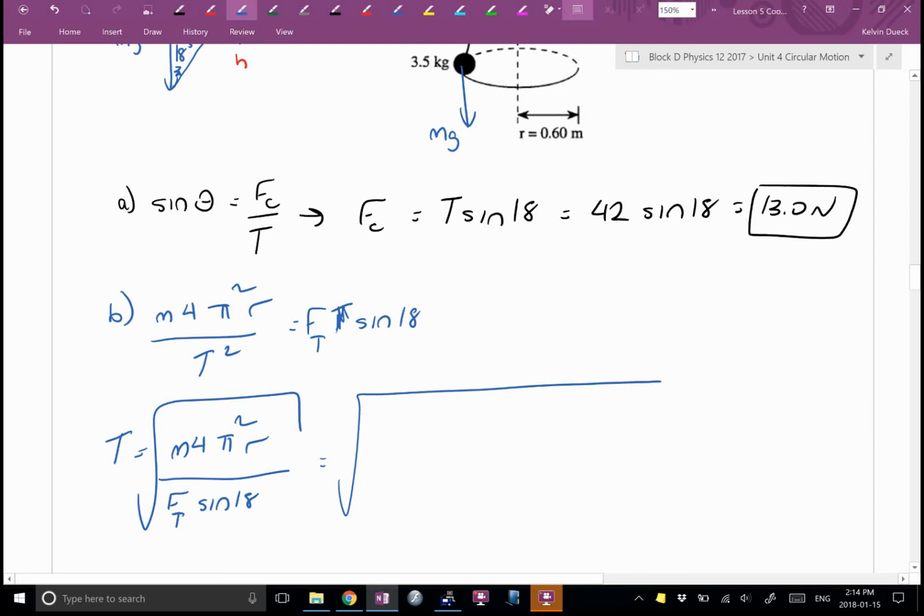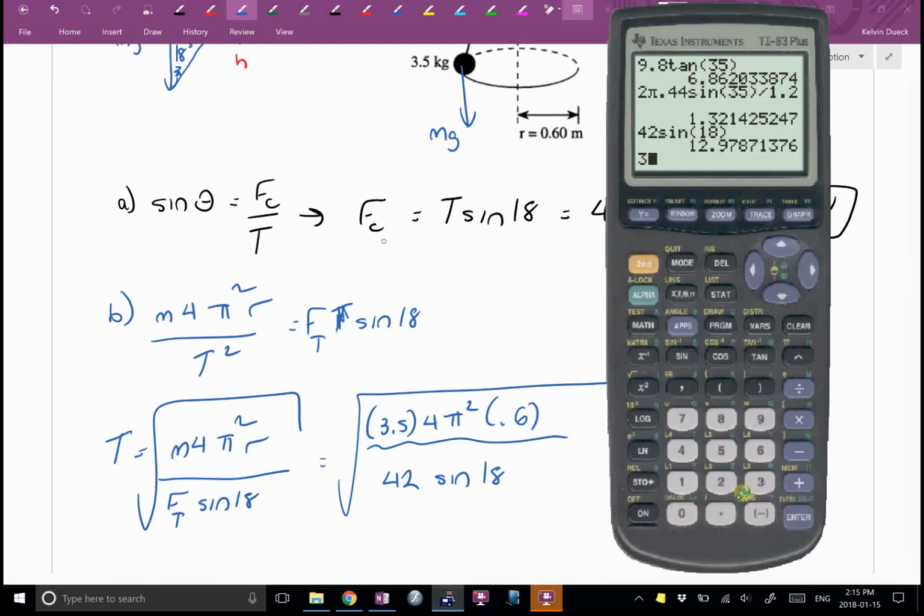Oh, 3.5. It's still on my screen there. 4 pi squared. r is 0.6. Tension is 42 sine 18. 3.5 times 4 pi squared times 0.6 divided by bracket 42 sine 18. Close off the bottom.